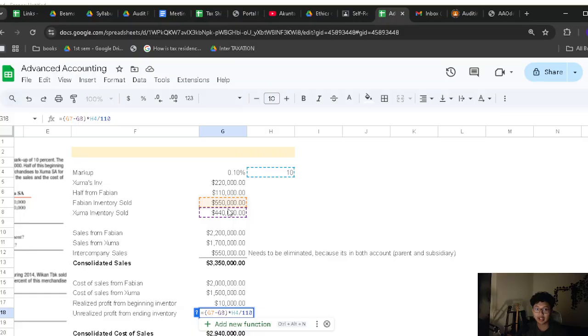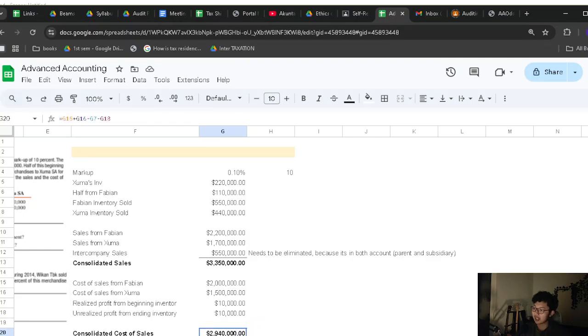Within those 110 there should be a 10% profit, because of the markup, but it should not have been realized yet because they haven't sold it. And so that's the idea. That's also why in the final calculation of cost of sales, I deduct 10 from the addition of these two.